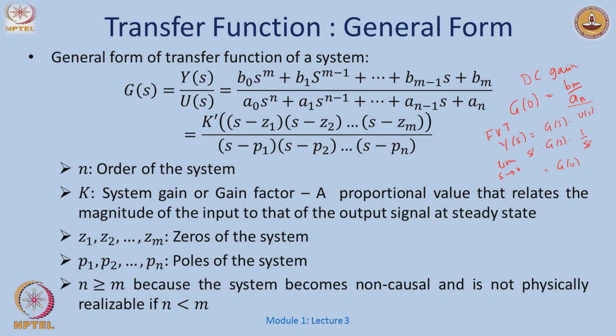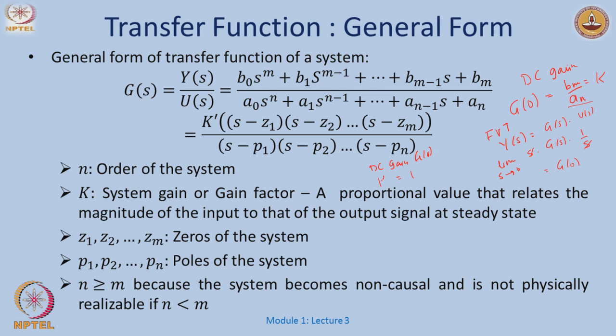Okay. So, these z's are called the zeros of the system. I will shortly define them formally. The p's are called the poles of the system, and if I write my system in this form, my DC gain again would be G of 0, let us call this k.